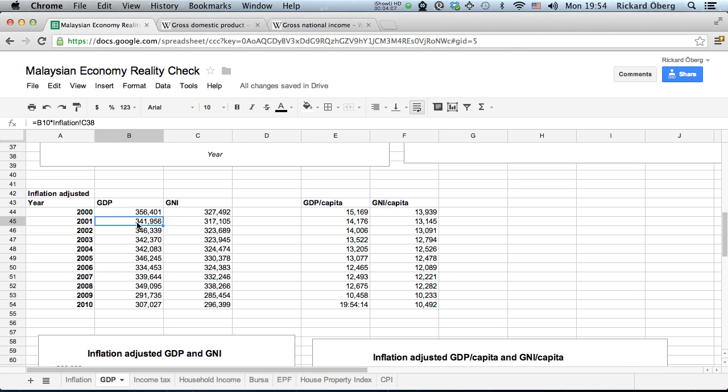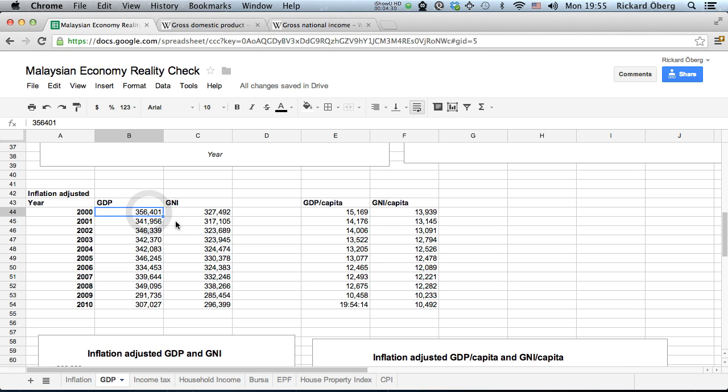And I get the inflation adjusted value of the GDP in 2001. Then I just continue down the table and do the same thing until the end. And then the same thing for GNI, the same thing for GDP per capita, and the same thing for GNI per capita.